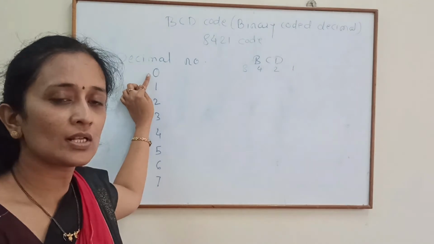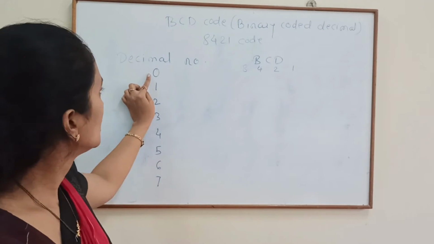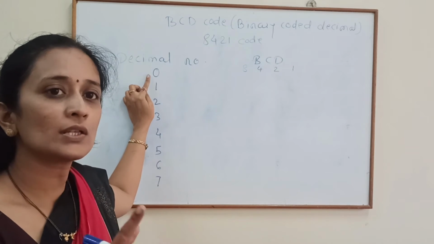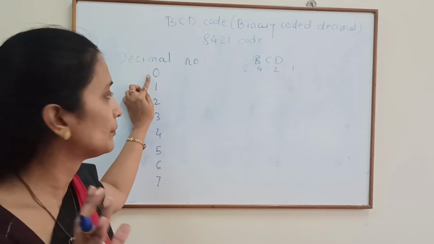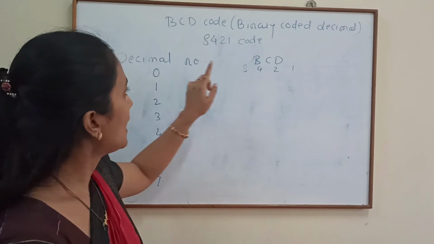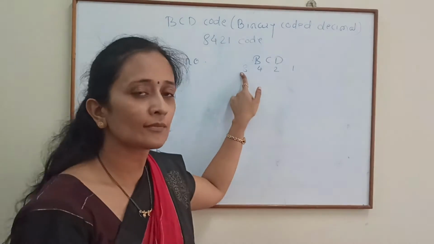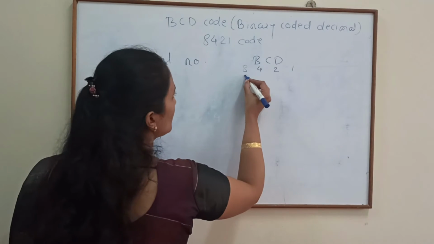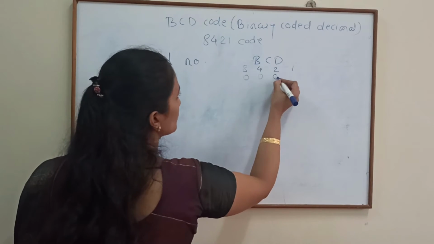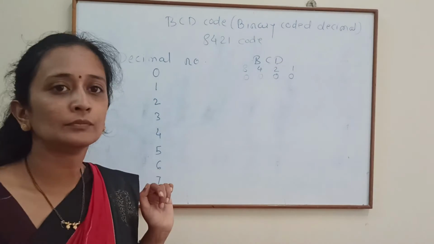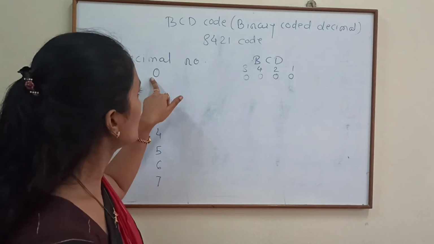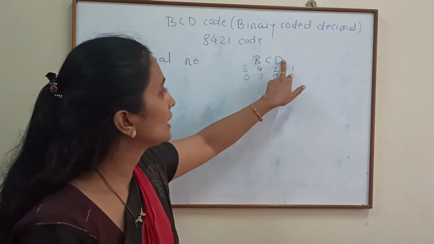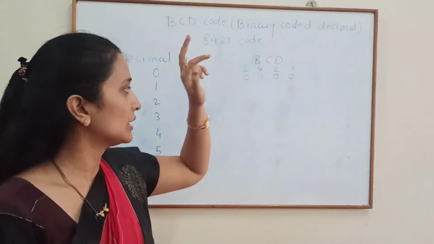Take this first number, decimal number 0. It is exactly same as conversion from decimal to binary. 0 is addition of which numbers? No, we don't have to add anything. Therefore, everything will be 0. 0 in decimal number is represented as 0000 in binary coded decimal.